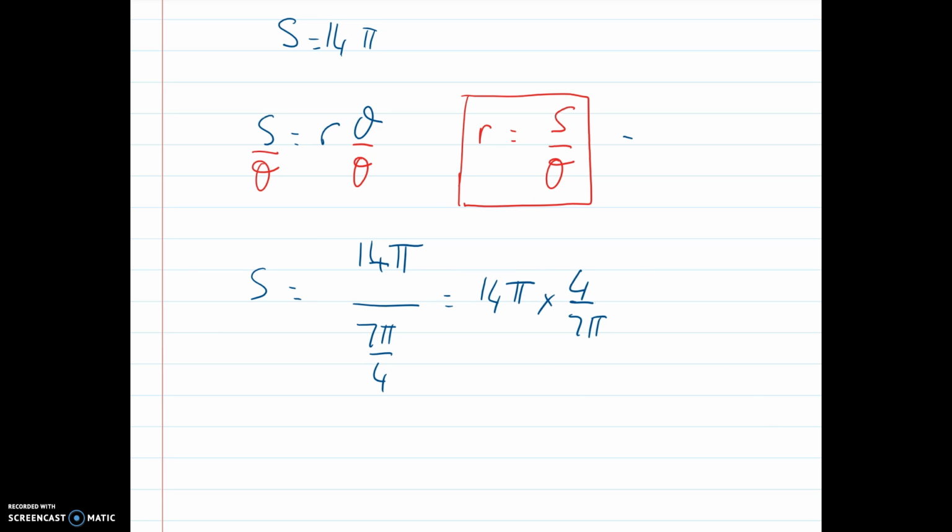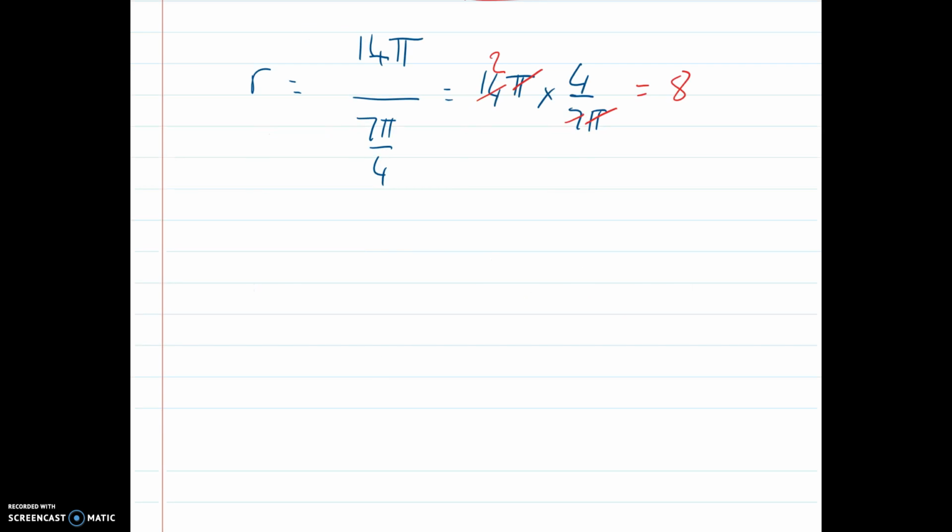Therefore, pi divides out, 14 divided by 7 is 2. The answer gives me R, it's not S, it's R that I'm looking for. You have to understand that. That was R, and R equal 8. Alright, so now let's figure out which problem we are going to do.